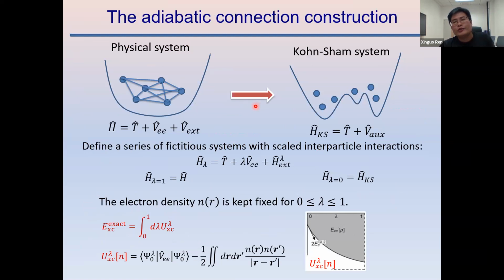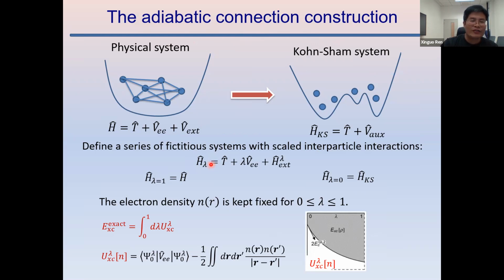But how is this related to the first principles total energy calculation? To understand this, one has to introduce another concept called the adiabatic connection. This adiabatic connection is a mathematical tool to construct the exact exchange correlation energy within DFT.